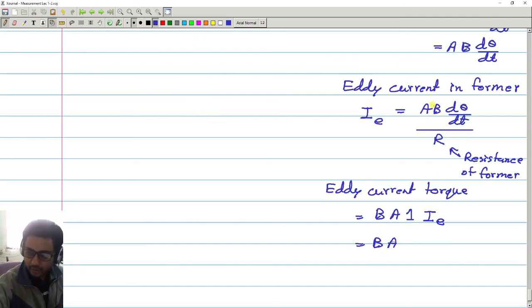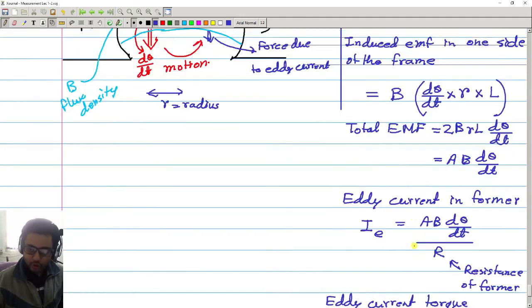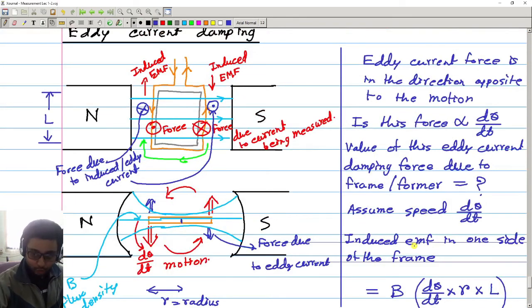Let me write these quantities now. It becomes A squared B squared d theta dt divided by the resistance. So you see, this is a constant multiplied with d theta dt. So this force is actually proportional to d theta dt and in the direction opposite to the motion.